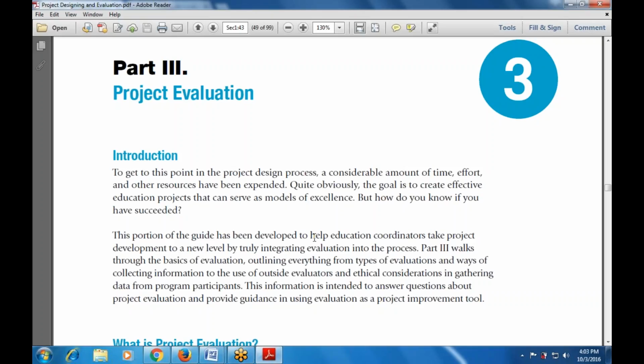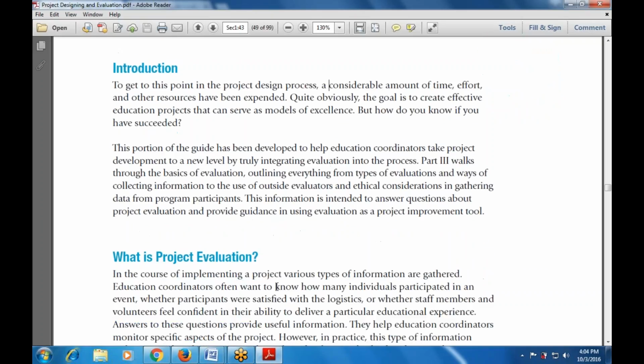It outlines everything you have covered and done, and everything is captured here. It is used for gathering data from the participants, as a project improvement tool.